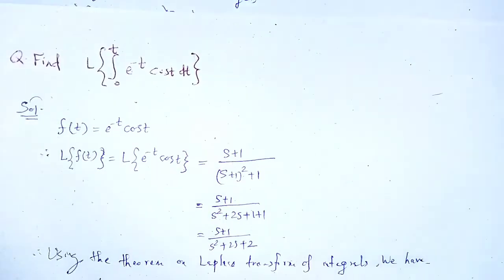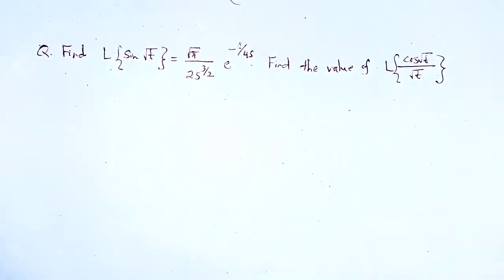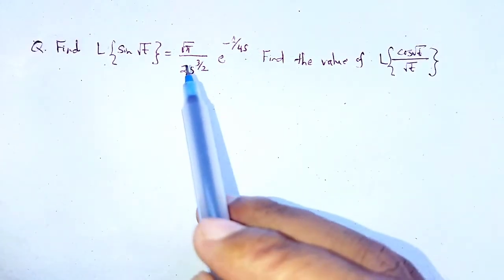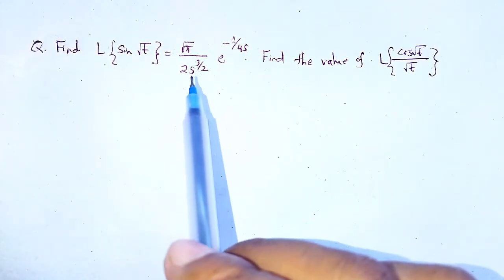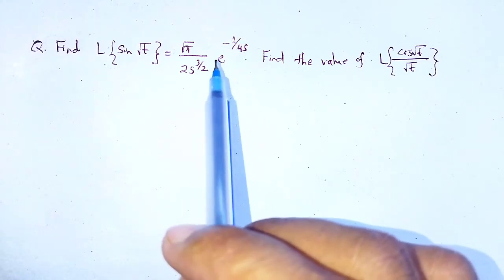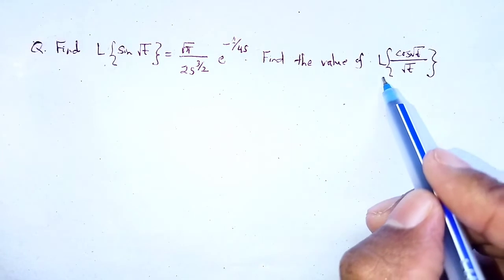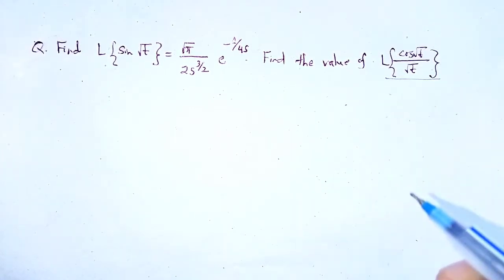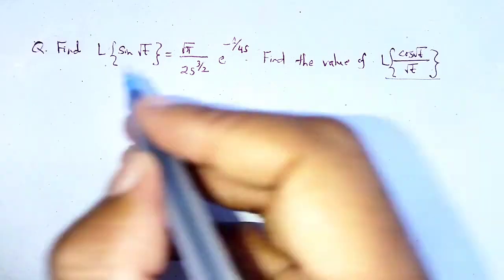That question is solved. Next, find the Laplace transform of the function. Sine under root of t is given as under root of pi divided by 2 s to the power 3 by 2 into e to the power minus 1 by 4s. The value of Laplace transform of cos under root of t divided by under root of t we have to find out.